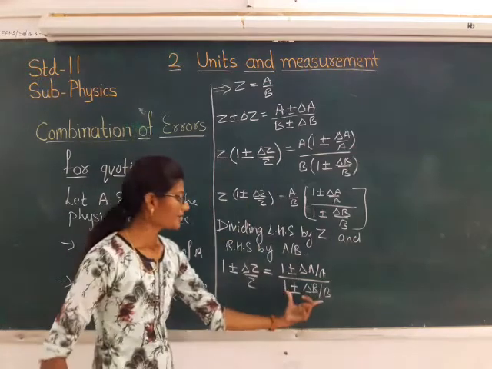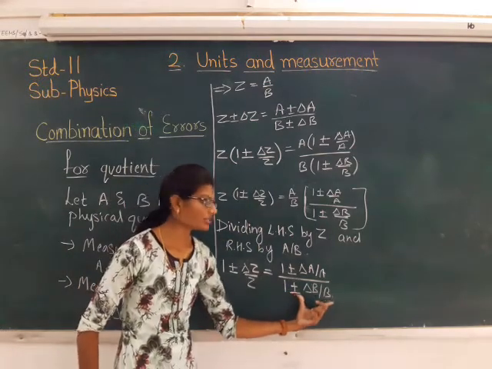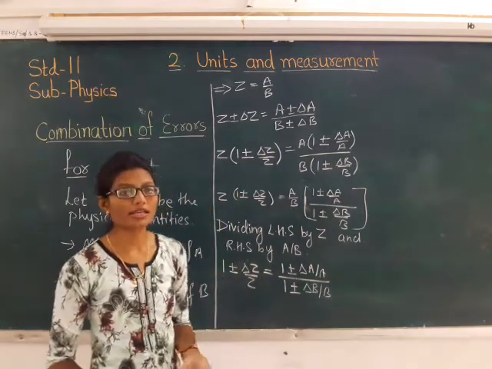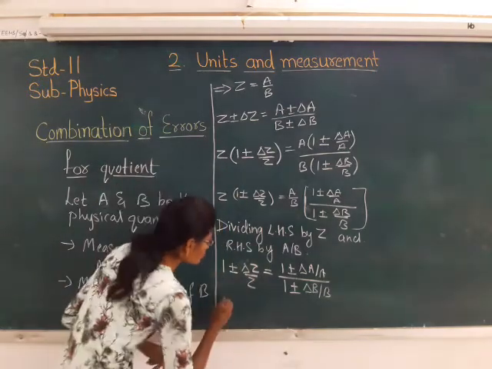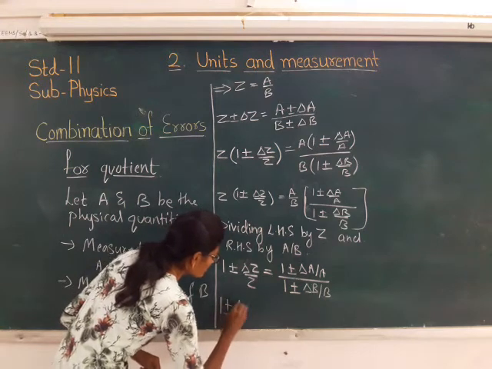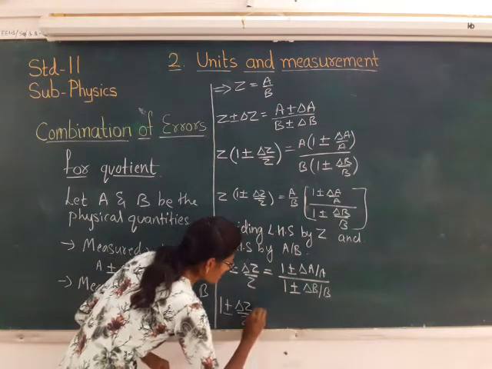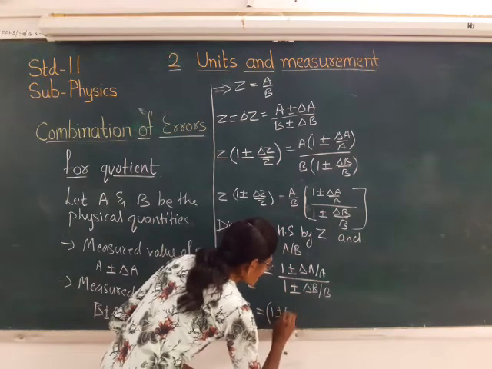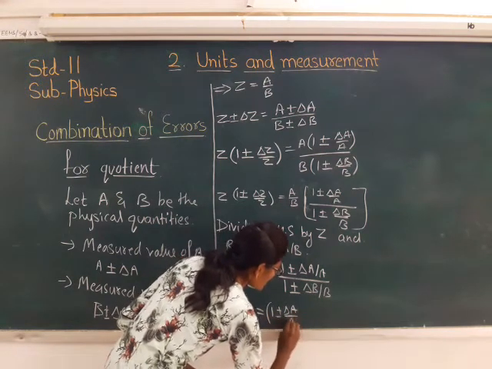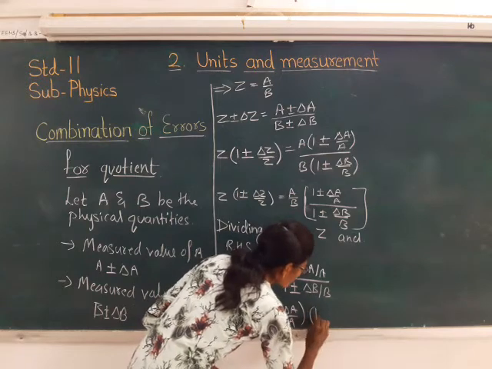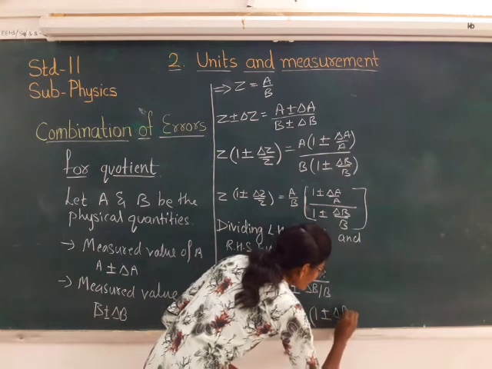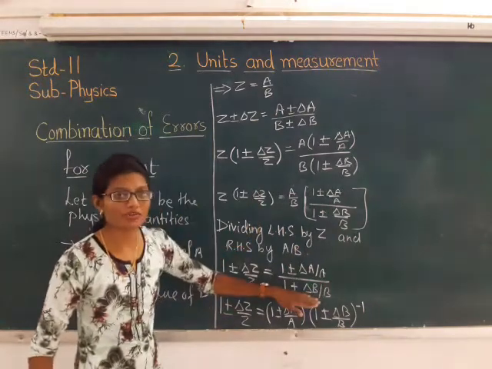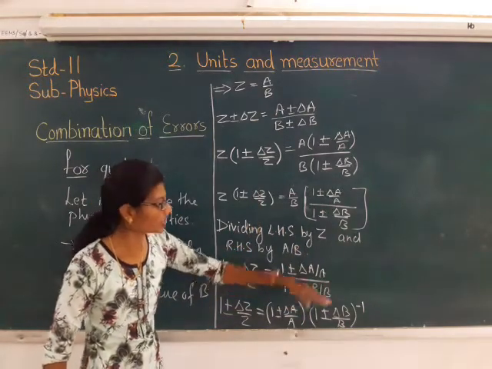Now see, if I want to take the denominator part into the numerator, I need to take the negative power. So this can be written as 1 plus minus delta Z by Z equals 1 plus minus delta A by A into 1 plus minus delta B by B raised to minus 1, because I have taken the denominator part into the numerator.